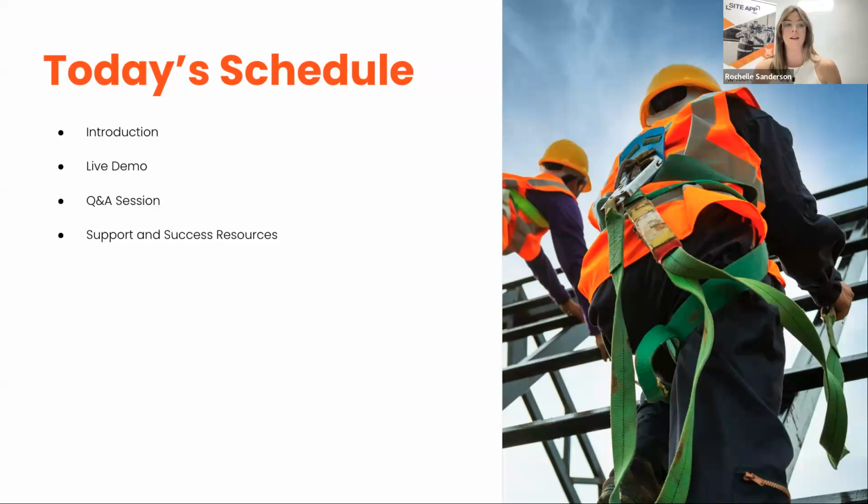Sophie Rose will be joining us for that, and we'll work together on that one. Then lastly, I just have some support and success resources that I can guide you to. Don't worry, because in the end, you will get an email as well with different resources linked in them. So don't feel like you need to write it down, but I'm just going to put it up there so you can see and go to those locations if you need to.